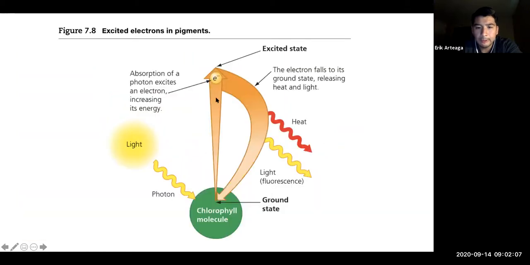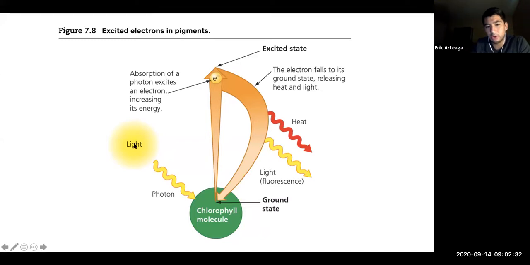Okay. All right. So what happens in the presence of light? This chlorophyll molecule will absorb light, and typically at the center of this chlorophyll molecule, A or B, you have a metal component, or a metal ion. And this metal ion will have the ability to donate or have an electron become excited.